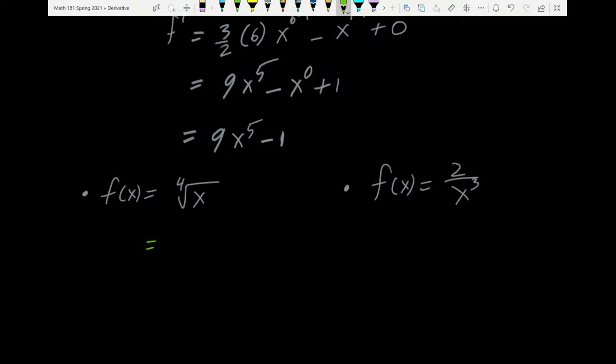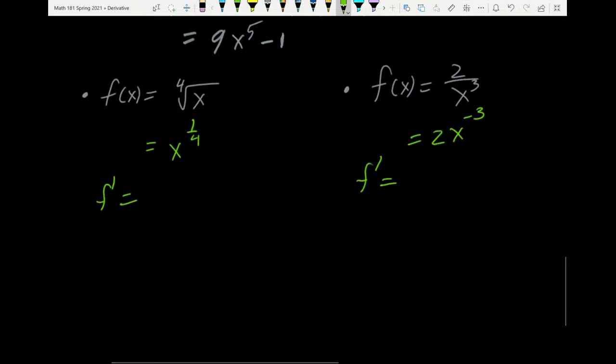For this problem, how about if I rewrite the problem like that? And this. Try to find f prime right now. So let's use that rule.